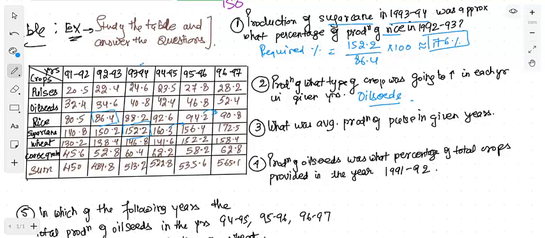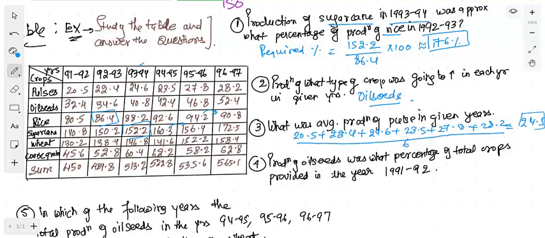Now the third part is you have to find the average production of pulses in the given years. How will you find out? You will find out by 20.5 plus 22.4 plus 24.6 plus 23.5 plus 27.8 plus 28.2, and this complete sum will be divided by 1, 2, 3, 4, 5, and 6, and this will give you the answer 24.5.